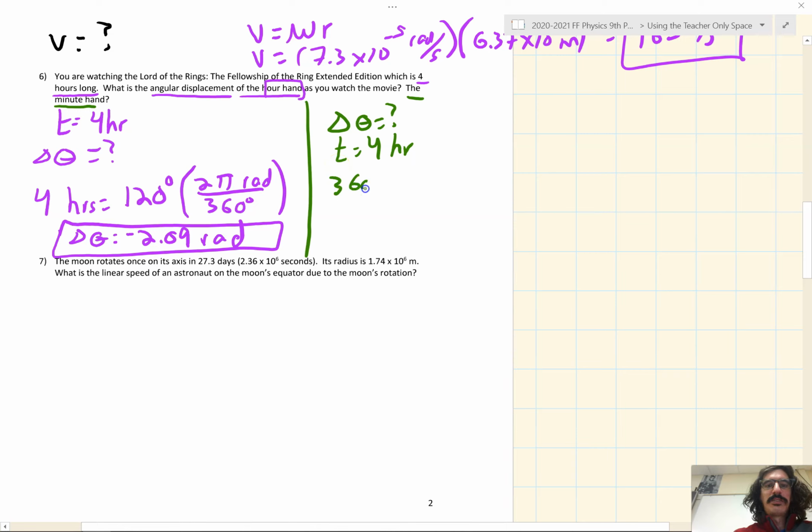So that's 360 degrees times 4 rotations, which gives us 1440 degrees. And we want to put that in radians, so 2 pi radians all over 360 degrees. And for the minute hand, we get the change in theta to equal 25.17 radians.